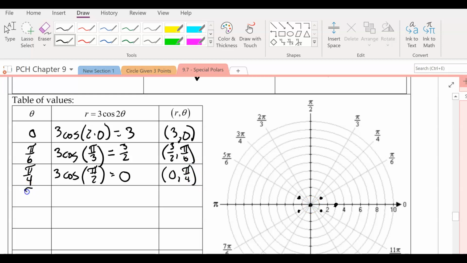And then let's do pi over 3. So I have 3 cosine 2 times pi over 3, so that's 2 pi over 3. Cosine of 2 pi over 3 is going to be negative 1/2. So negative 1/2 times 3, so that's negative 3/2. So that's negative 3/2 comma pi over 3. So negative 3/2 and rotating pi over 3, that's going to put me right over here.